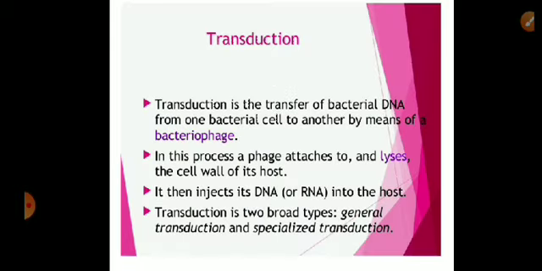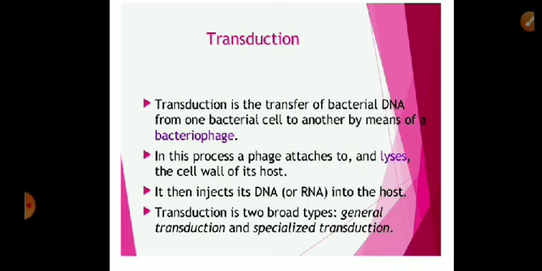The third is transduction. What is transduction? It is transfer of bacterial DNA from one cell to another cell by bacteriophages, that means bacterial viruses. Bacteriophages are the vectors which carry genes from one cell and transfer them to another cell.